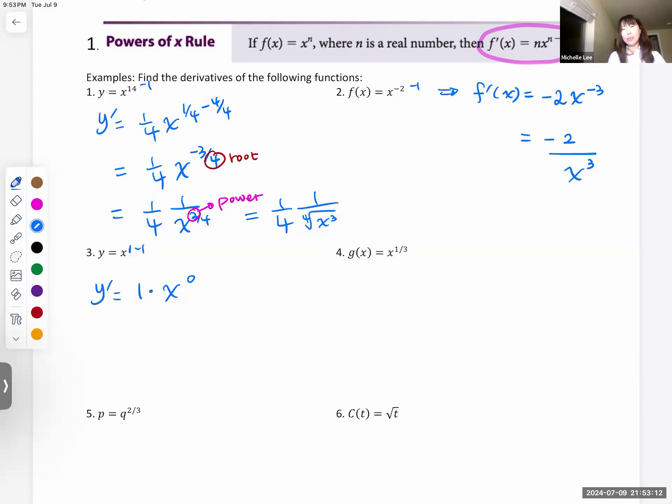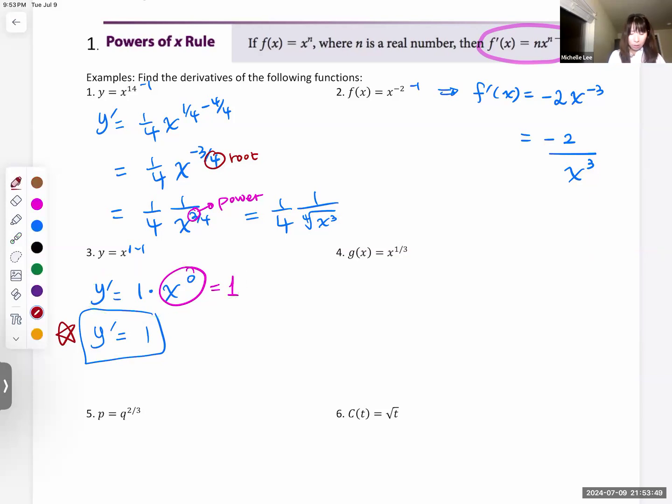Then 1 minus 1 is 0. What is x to the 0 power? It's 1, right? So we get y prime equal to 1. Let's remember this one. You don't have to memorize, but let's remember it, because if we have x, then when we take the derivative, we get 1, so that we don't have to do this work.